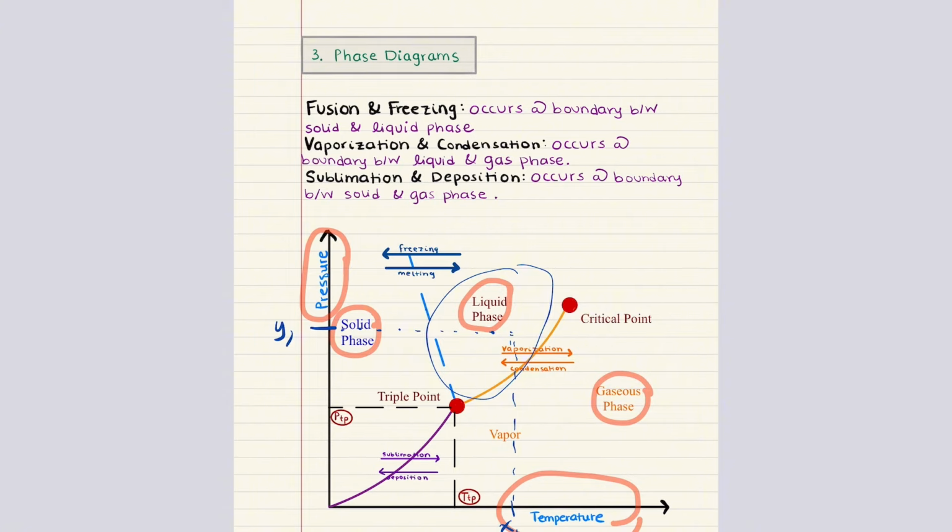Now, the lines and curves you see here are really important. They demonstrate temperatures and pressures at which two states can coexist in equilibrium.